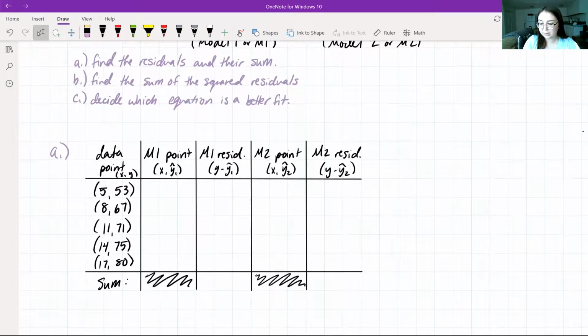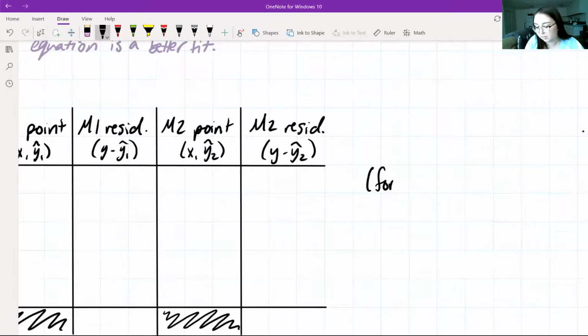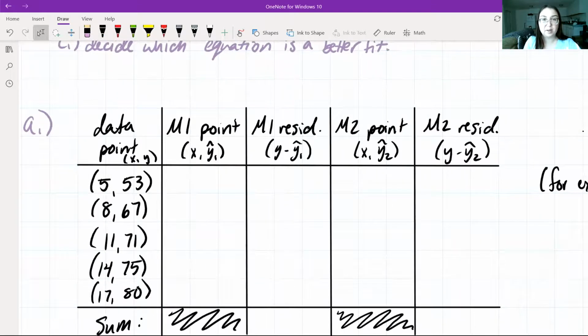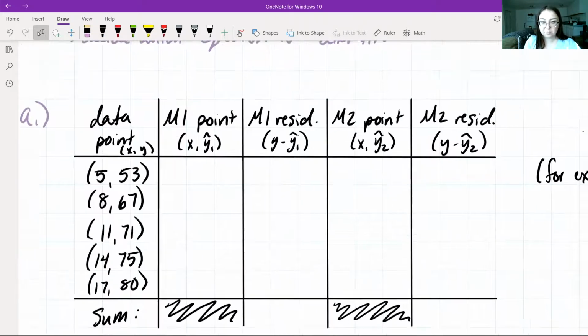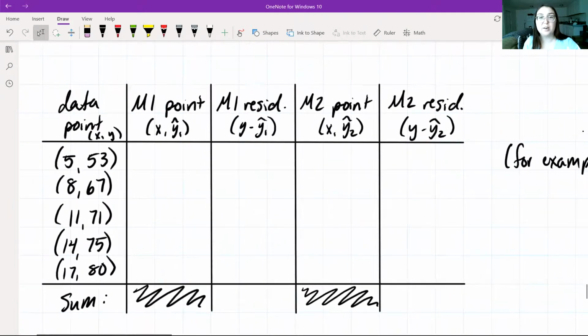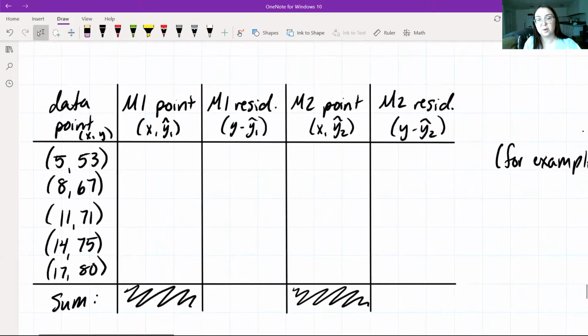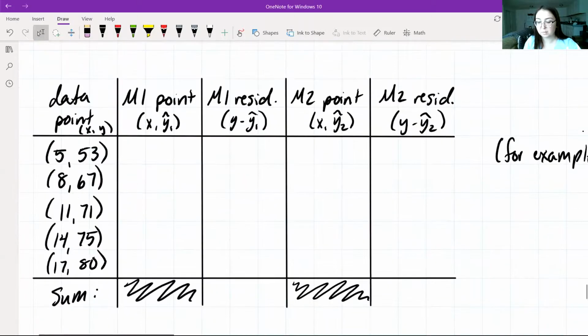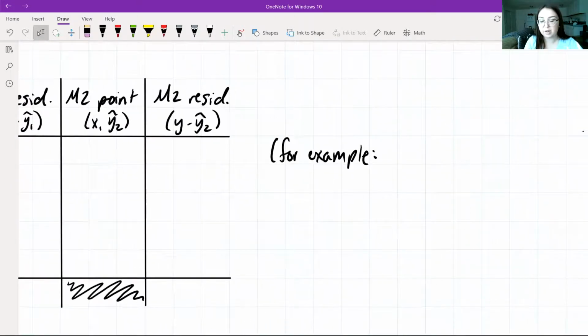So, for example, if we want to calculate this very first value of M1, we have 5 and 53. So we're using our x value, plugging it into our equation. We know our equation is 2.1x plus 47, and we know x is 5. So we're going to say y is equal to 2.1 times 5 plus 47.